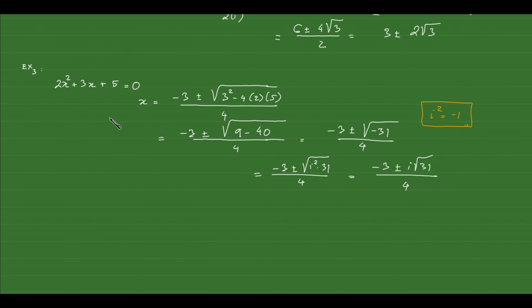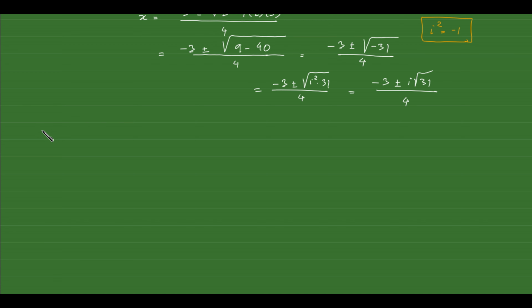Okay. Now, the second part. The second method is that we can use the zero product property.